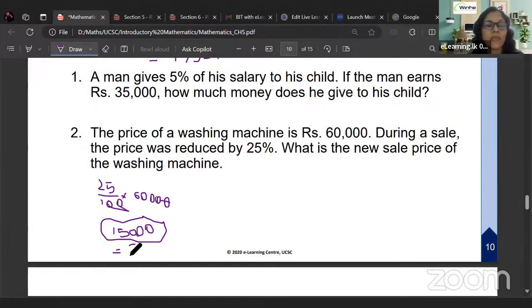You can find the new price by reducing the 15,000 from the 60,000. Yes, Rohit and Dilusha are correct, right? So what is the value? It is 45,000.